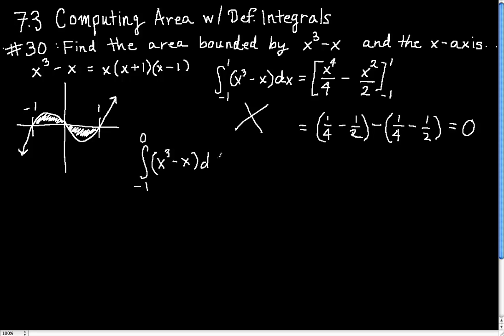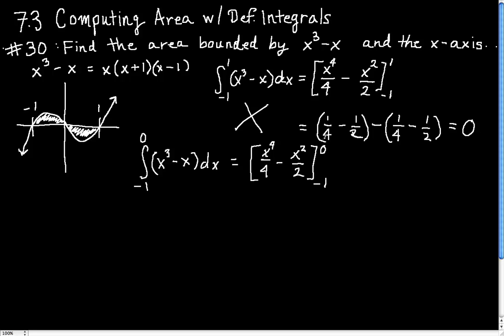Of course we get the same antiderivative in this case: x to the 4 over 4 minus x to the 2 over 2. But my limits of integration are different. So I'm evaluating at -1 and 0.